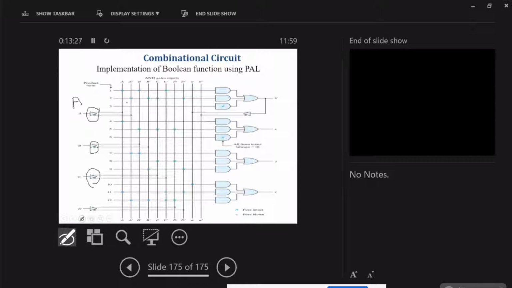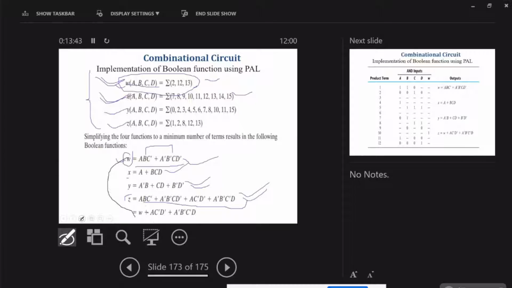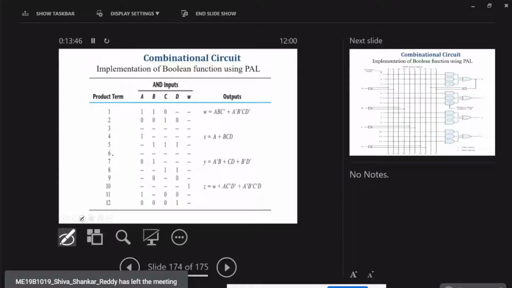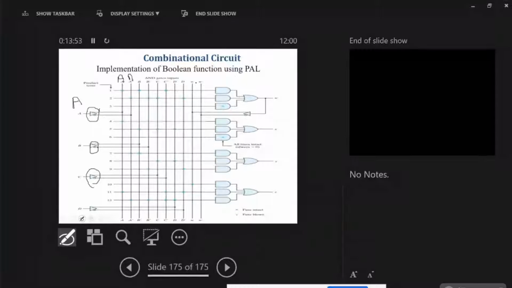Okay, so this generates A dash, this generates B dash, C dash, D dash, and now because we are reusing this thing, we can also take this thing. So for this also one more inverter buffer combination is used here.